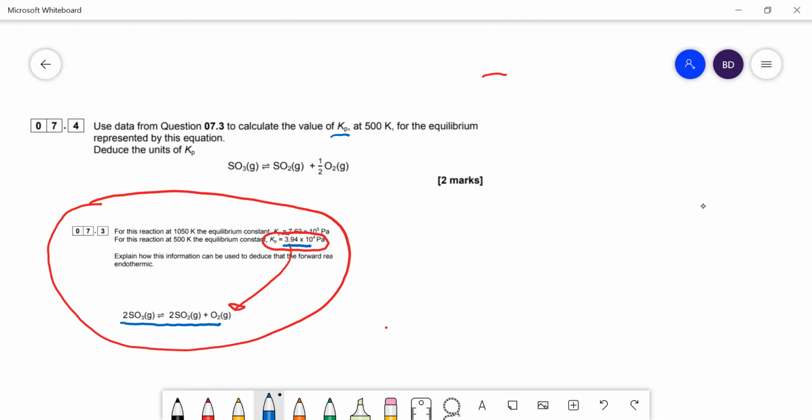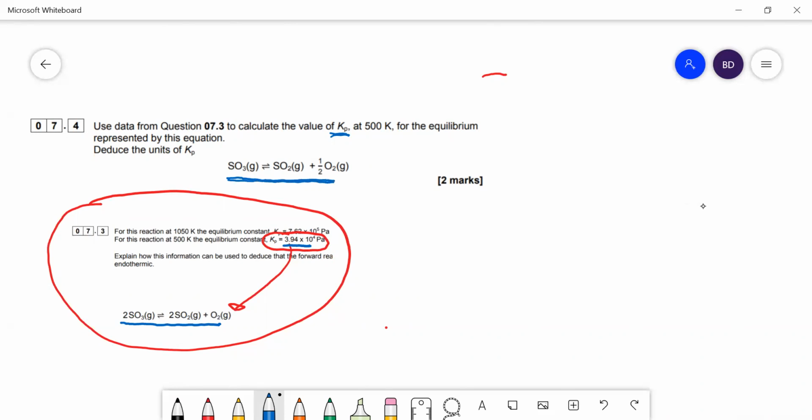They've written it in the same direction, but they've used halves instead of balancing it by using 2's. So what it's going to ask us is to find out the value of Kp if you express the equation like that.